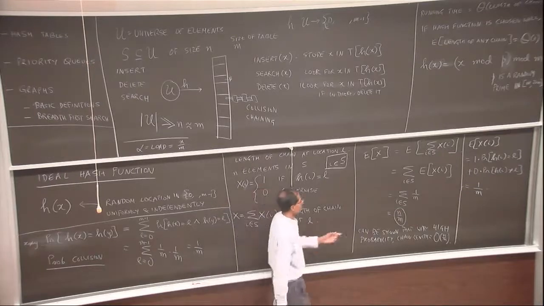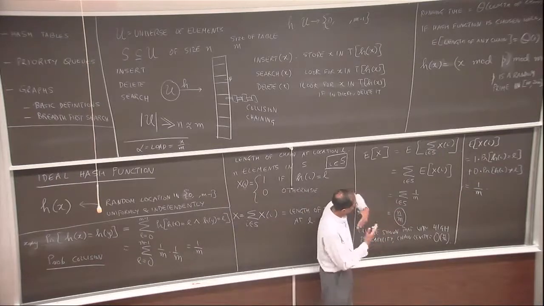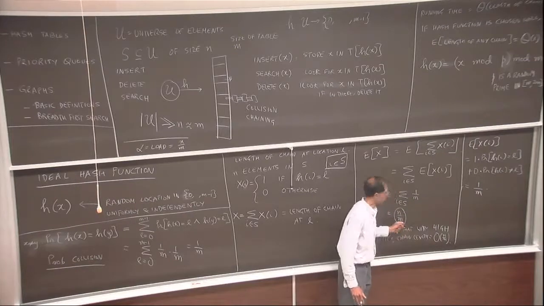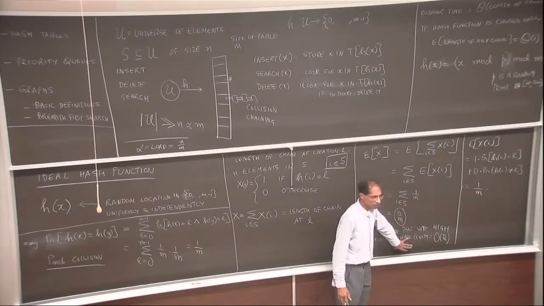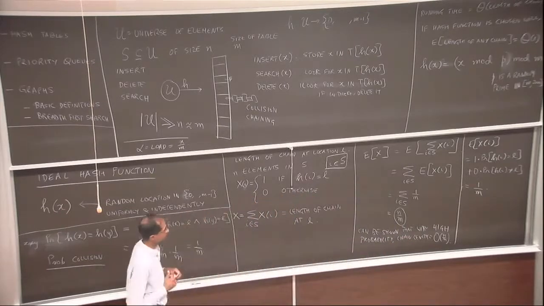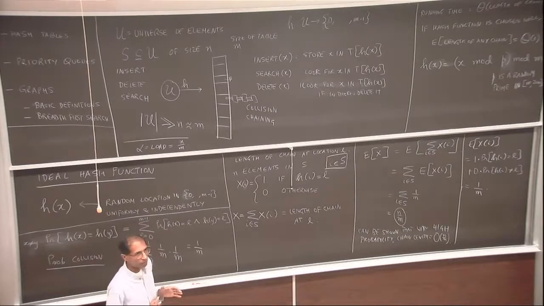You will have to put some constant here or add some other error there, but basically it's very close to it. I'm not being precise here, but for a precise statement you would need certain kinds of concentration bounds, which we are not talking about here.